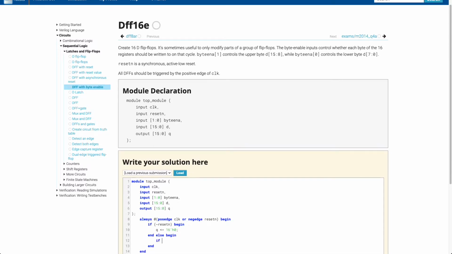There's a few ways to do it. The easiest one is probably just do byte enable 1.